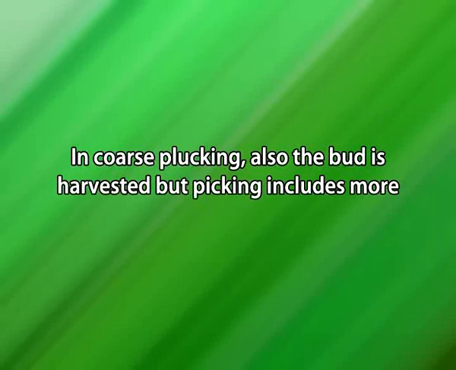This type of harvesting makes the good quality tea, which is usually lighter and sweeter in taste. In coarse plucking, also the bud is harvested, but picking includes more than 2 leaves. This type of harvesting provides tea of slightly lower quality, and this is usually done at a fast speed.